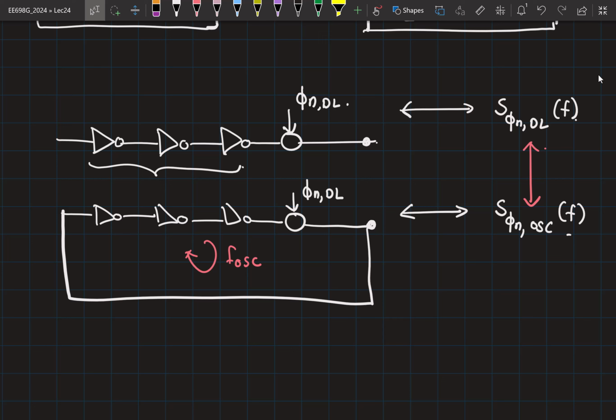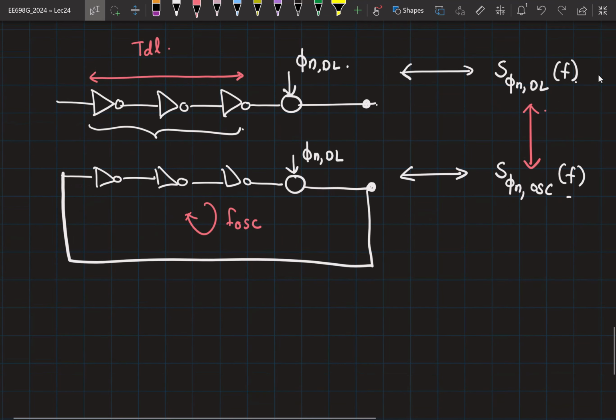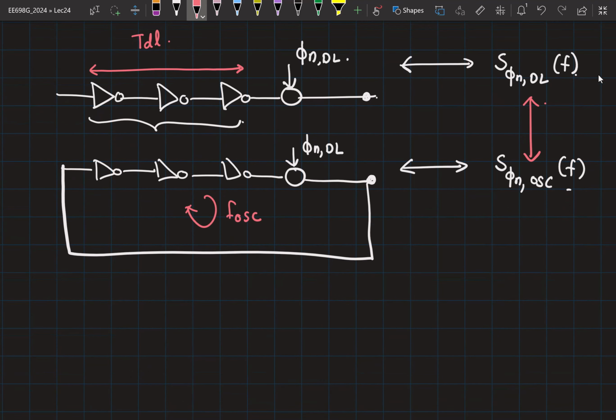Let me give you a hint. Let's say the delay associated with this was TDL in the absence of phi n of dl. What does TDL correspond to? Let's assume that T naught, if this phi n of dl was not there, then the oscillation period was T naught. Let's say the ideal oscillation period was T naught, and the actual oscillation period in the presence of phi n of dl, let me call it T osc, T oscillation.